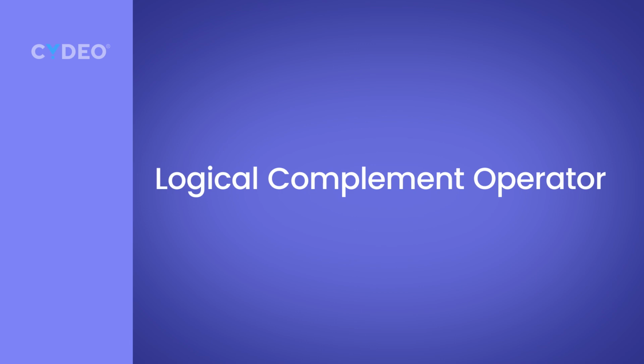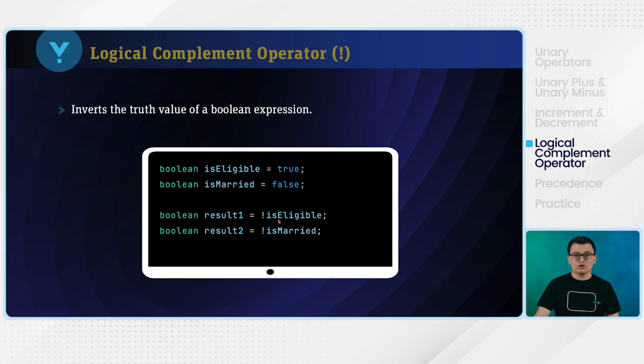And then next, we have the logical complement operator. The logical complement operator is used for returning the opposite Boolean expression; it inverts the true value of the Boolean expression. If you have a Boolean expression of true, when you apply this logical complement operator, it will return you false.